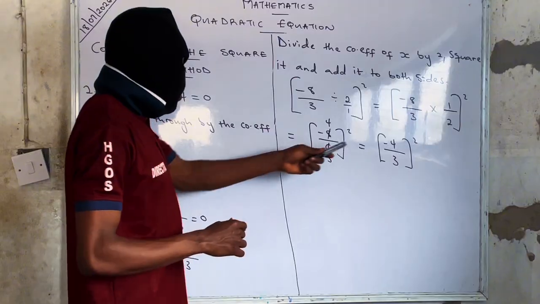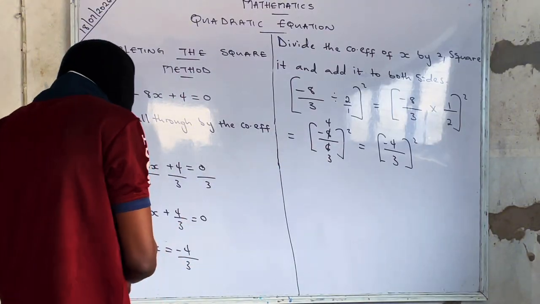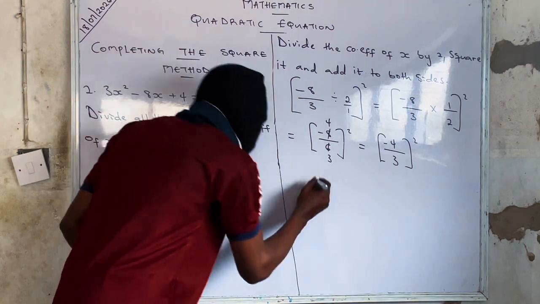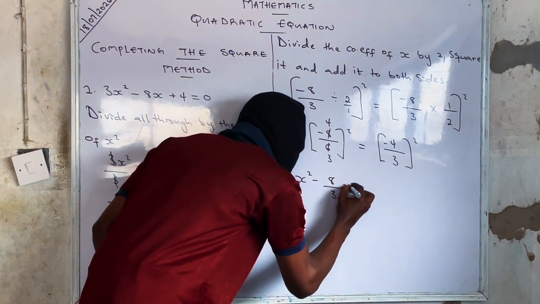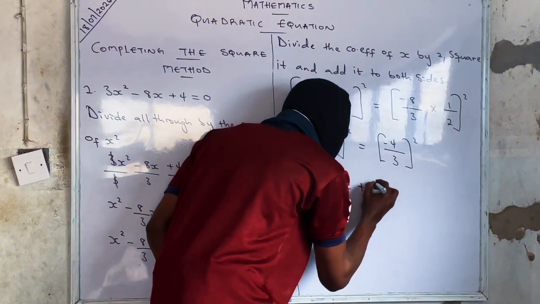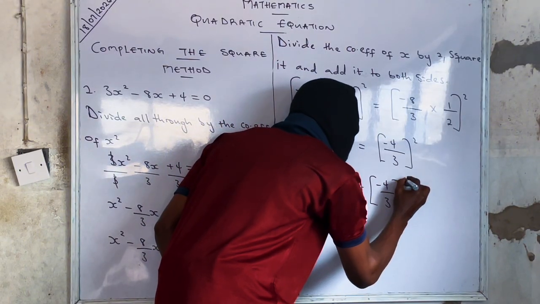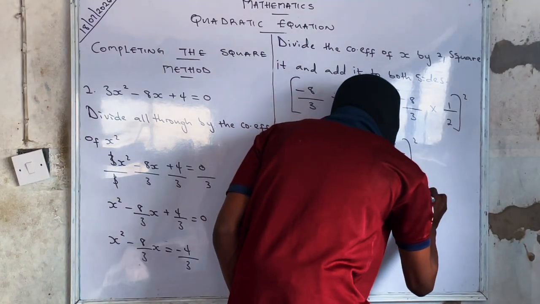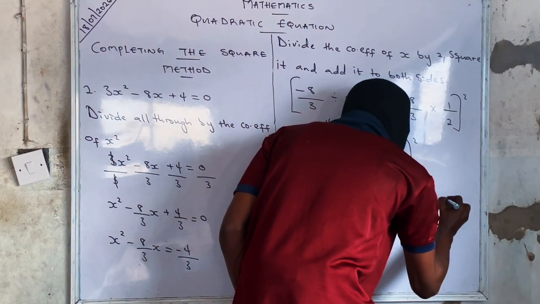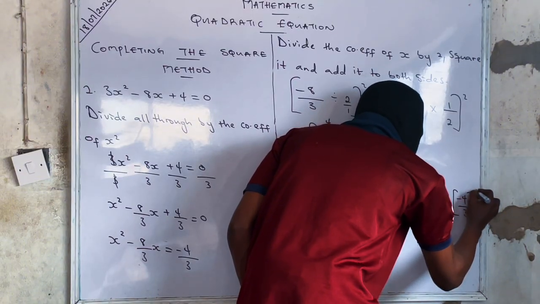Now you can see we have minus 4 over 3 squared. So we are going to add it to both sides. So we have x squared minus 8 over 3 x plus minus 4 over 3 squared equals minus 4 over 3 plus minus 4 over 3 squared.